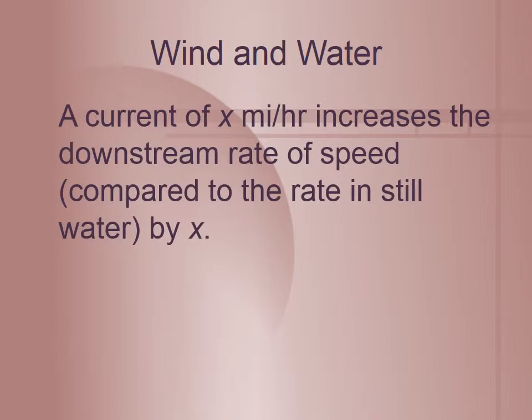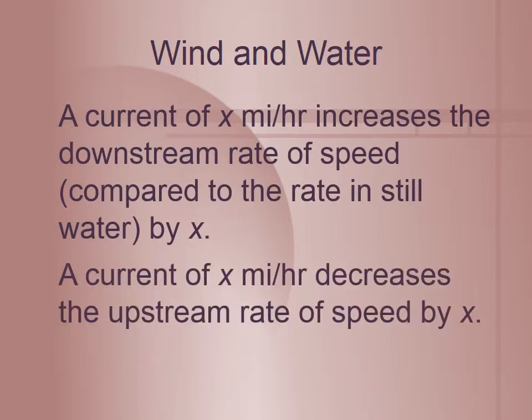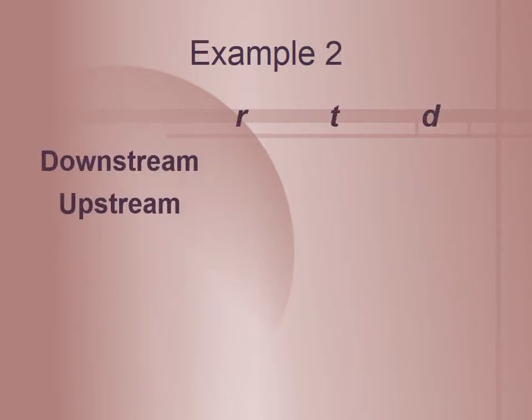And for water, a current of x miles an hour increases your rate when you're going downstream, so you're going with the current. However, if you're going upstream, the current is going to decrease the rate of speed by x. So looking at an example, we're going to be in the water, okay?